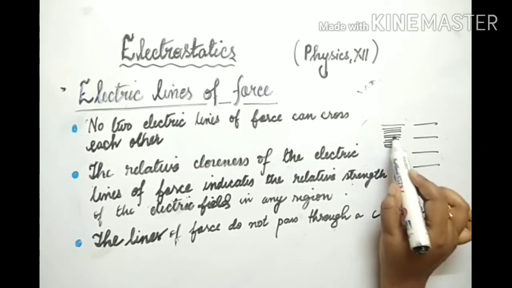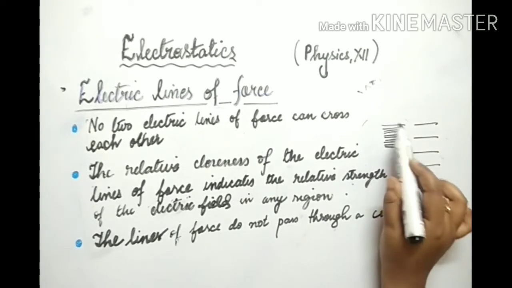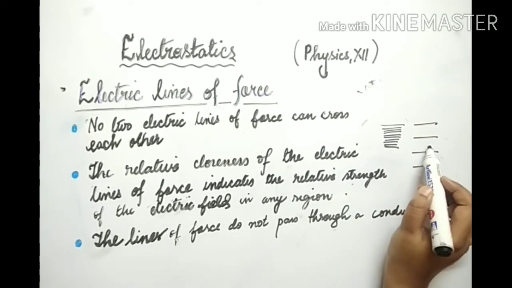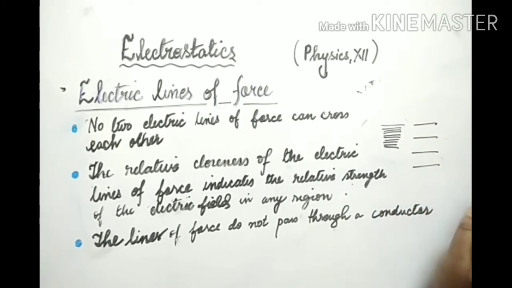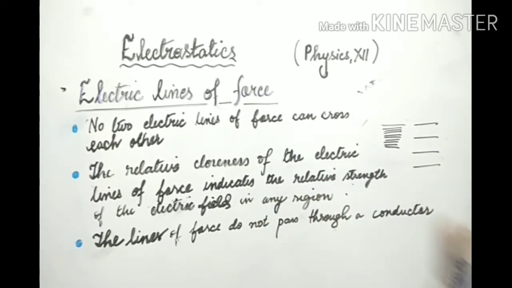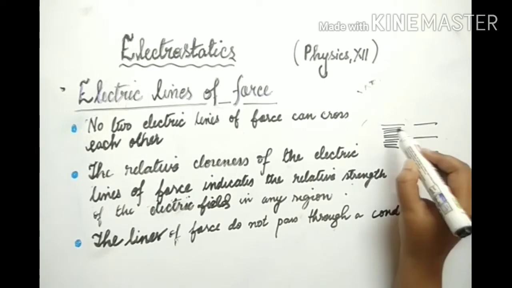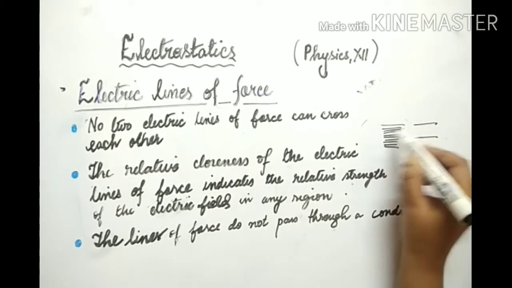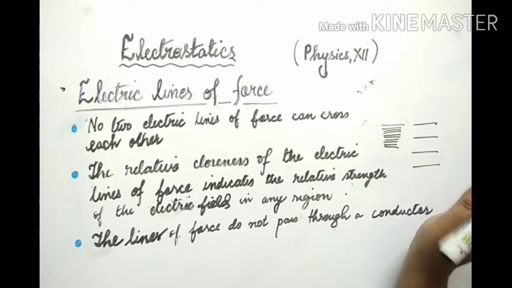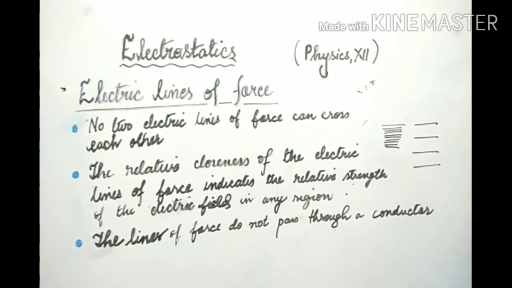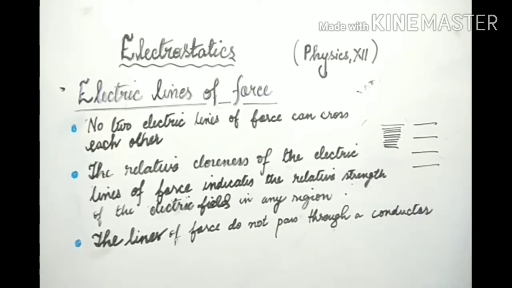This indicates that the first region has a stronger electric field compared to the region where the lines are farther apart. This concept will be clearer when we see how electric field lines can be drawn around various charge systems. But you should remember that when the lines of force are nearer to each other, the electric field is strong, and when they are farther apart, the electric field is weaker.